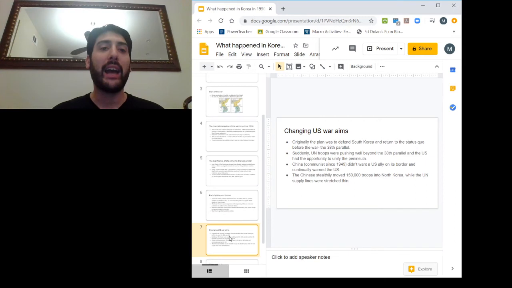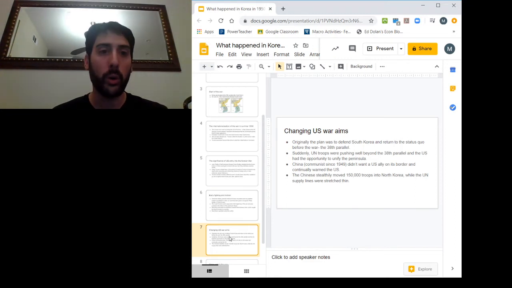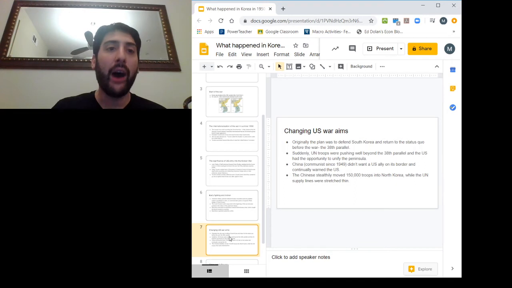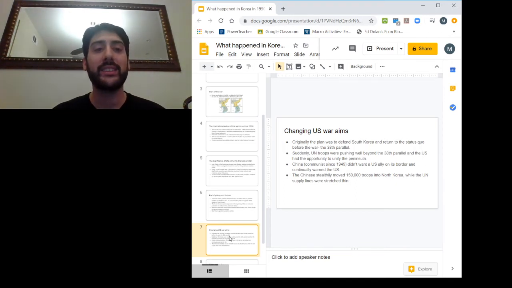But let's go back and think about how this war began. So the way this war began was the United States was there to help South Korea and to basically return Korea to the status quo before the war, which meant the 38th parallel. So all they had to do was kick North Korea out of the South, and from the war aims that the United States set out at the beginning of the war, they would win.